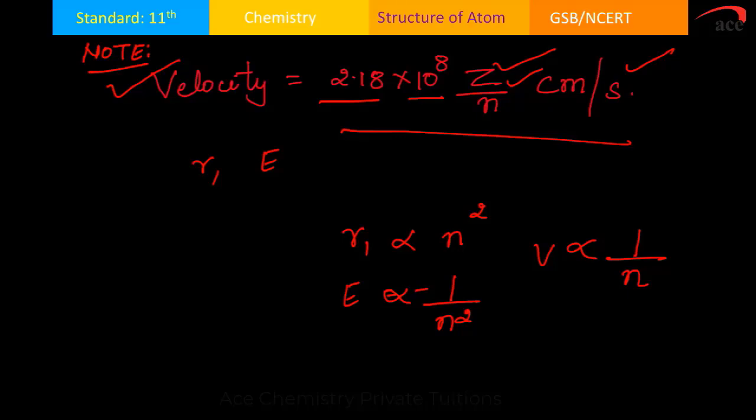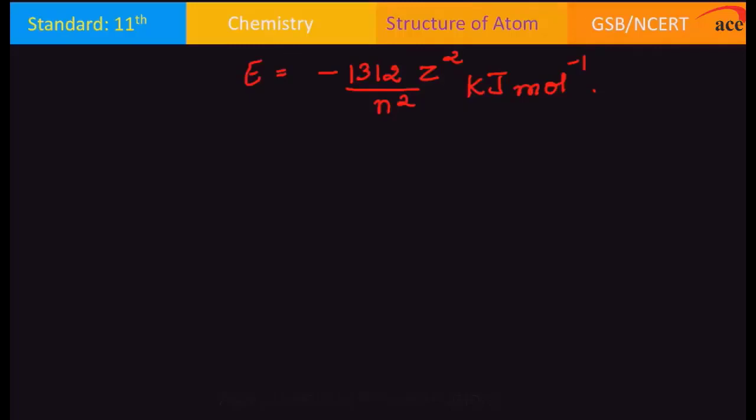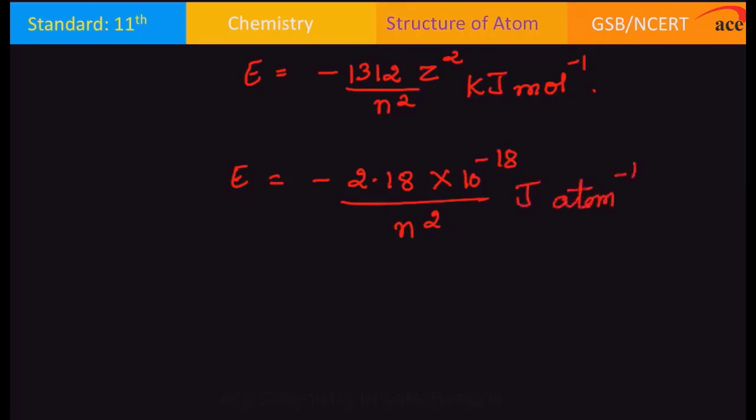Clear? Okay, fine. As we have discussed how to find energy of an electron which is in a given Bohr orbit, we already saw two ways to express energy. One of them was minus 2.18 into 10 raised to minus 18 upon n square joule per atom. Correct?